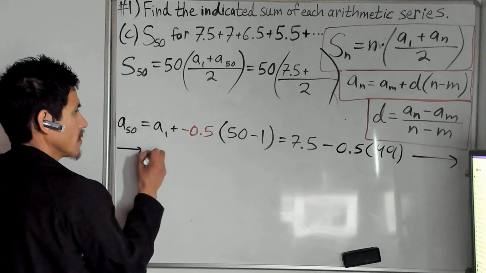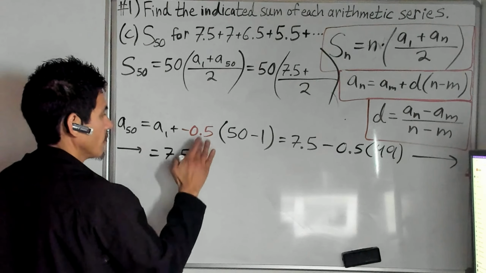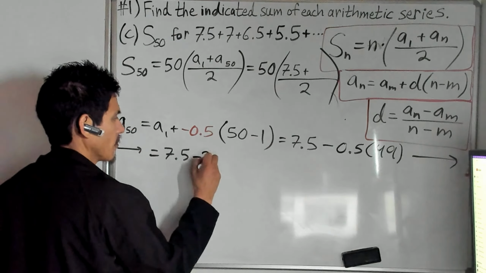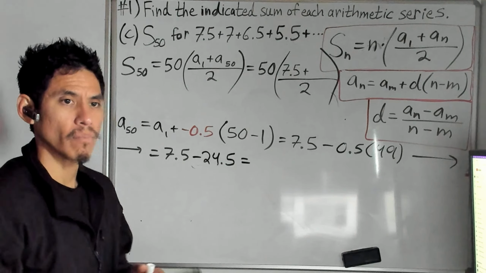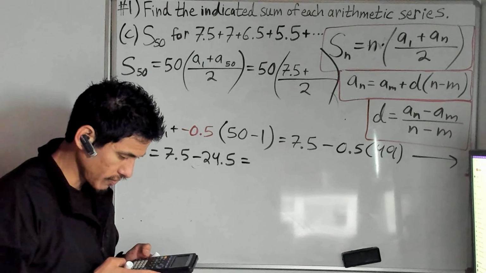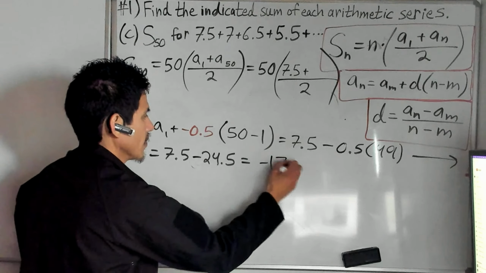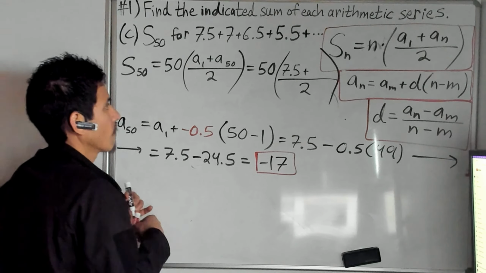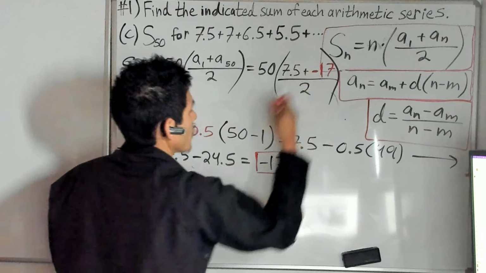Going to the next line. 7.5, whoops, minus half of 49. That'll be 24.5. 7.5 minus 24.5. Negative 17. So that's going to go right here. Negative 17.